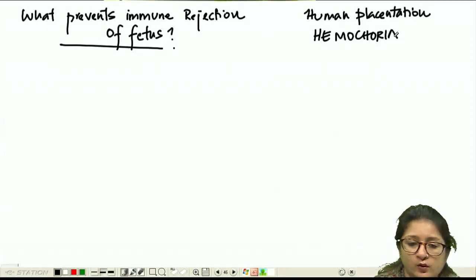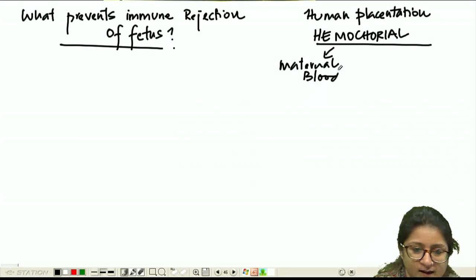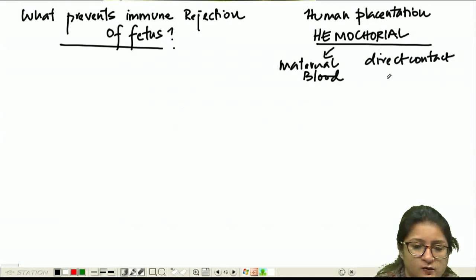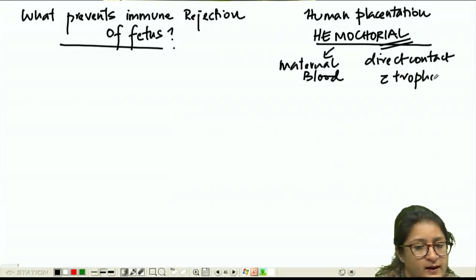What does hemochorial mean? It means that the maternal blood is in direct contact with the chorion. Chorion refers to the trophoblast. So maternal blood is in direct contact with the trophoblast.